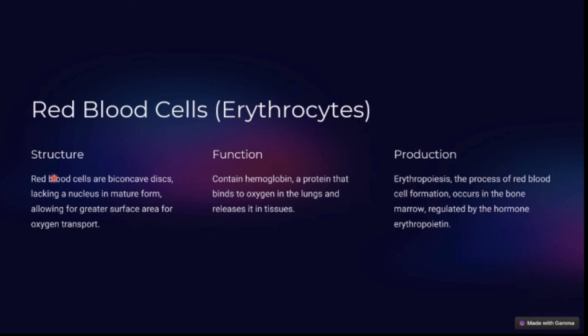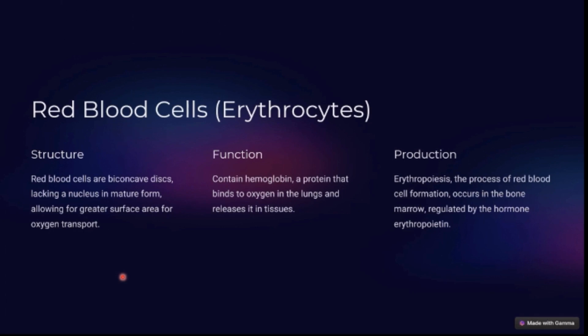Mature RBCs lack a nucleus and organelles to maximize the space for hemoglobin. See, they lack the nucleus and organelles so that they can provide the space for hemoglobin, which is an iron containing protein that binds oxygen. So hemoglobin binds oxygen, and it is present in the red blood cells.